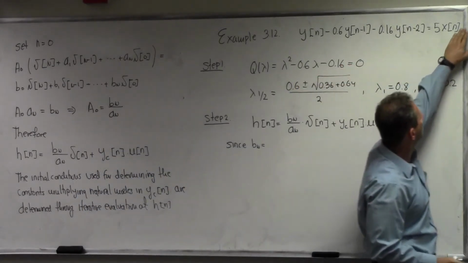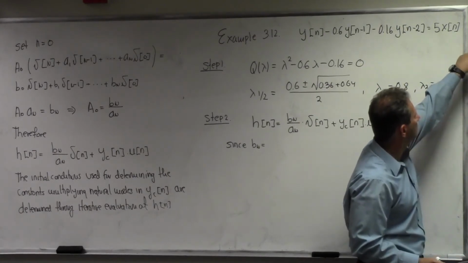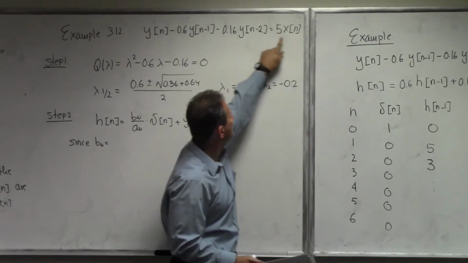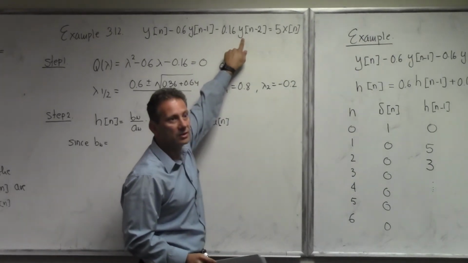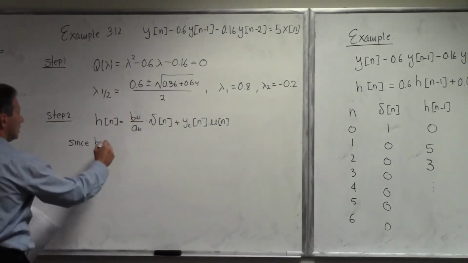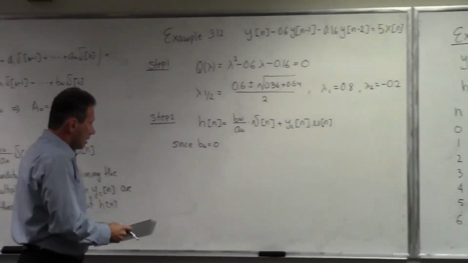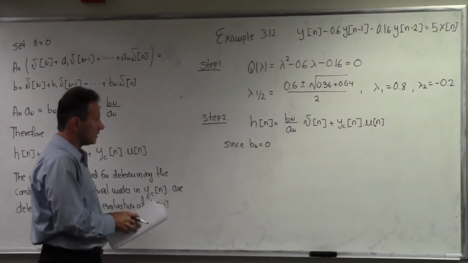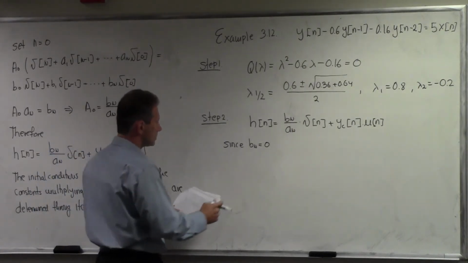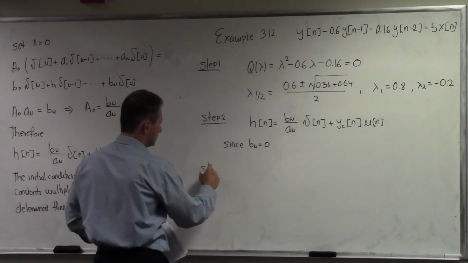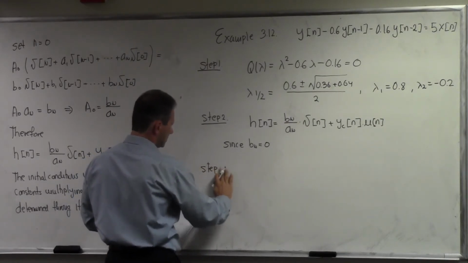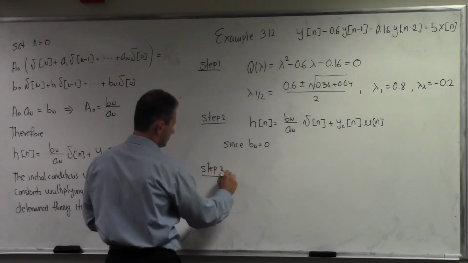Bn would be the multiplier B that is along the same order as this one here. So in this case, it would be the one delayed by 2. So in this case, Bn is equal to 0. And I have that my impulse response consists only of natural modes. So step 3, I can write my impulse response as consisting only of the natural modes.